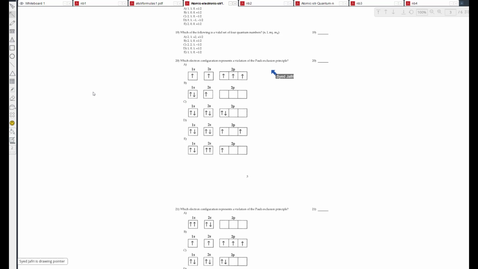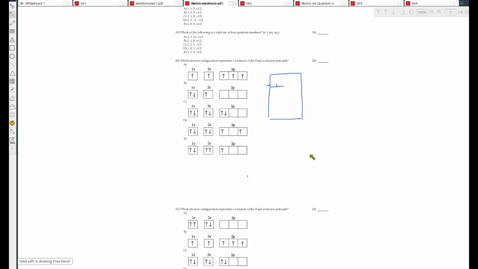Hund's rule says if degenerate orbitals, equal energy orbitals, are available, electrons are going to prefer to occupy them singly. I gave you the example: on a bus or train, suppose in Switzerland, no one is with a friend, and everyone wants the window seat.